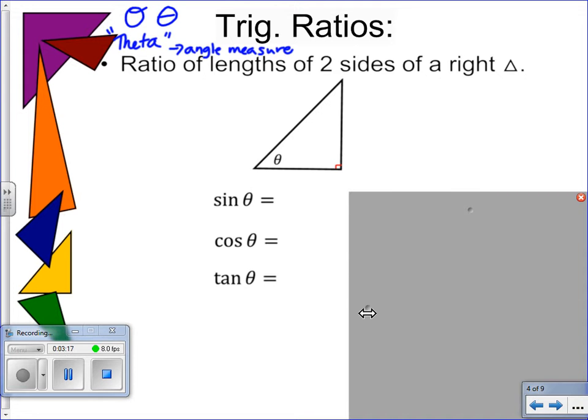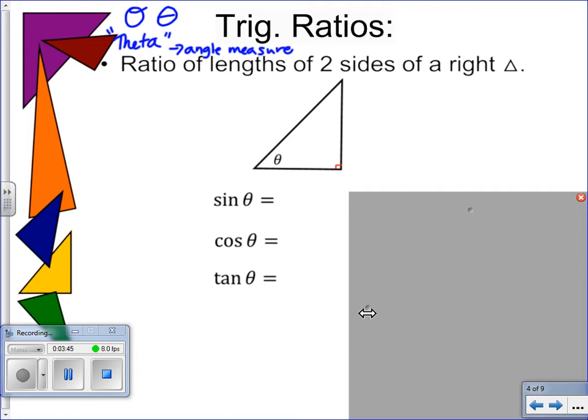In geometry, you might have just used capital letters like A, B, C. And then in algebra, we're going to switch it over and use the theta. And sometimes, like tomorrow when we practice with our calculators, if you're looking for the sine of 50 degrees, you might have an actual angle measure in degrees back there. But you can never just have sine equals. There has to be something after it.